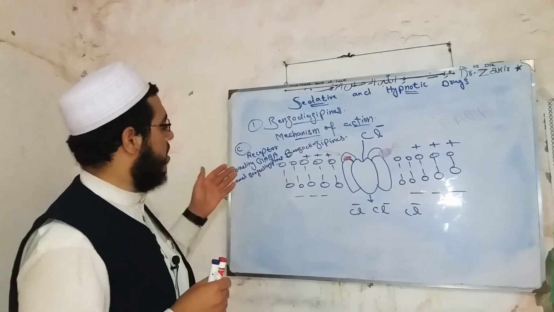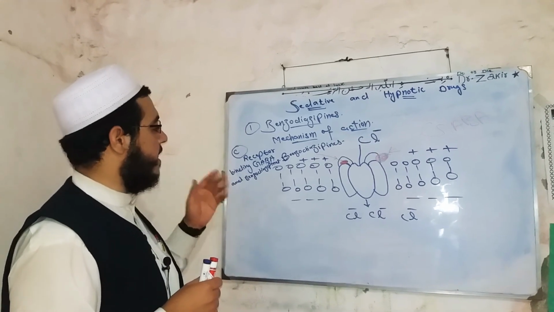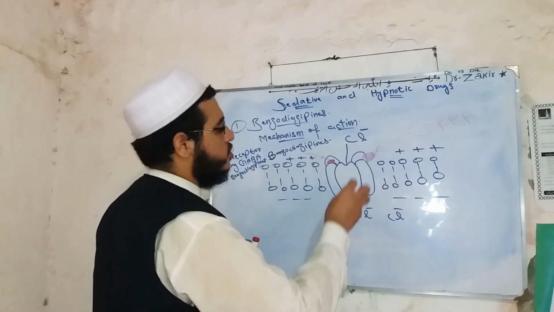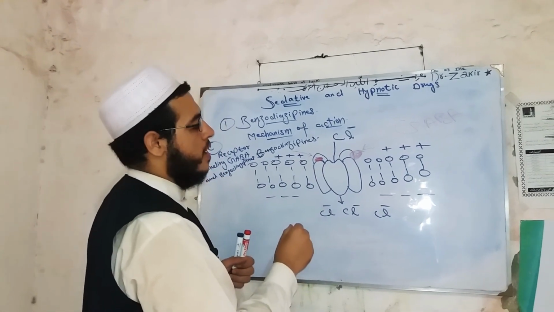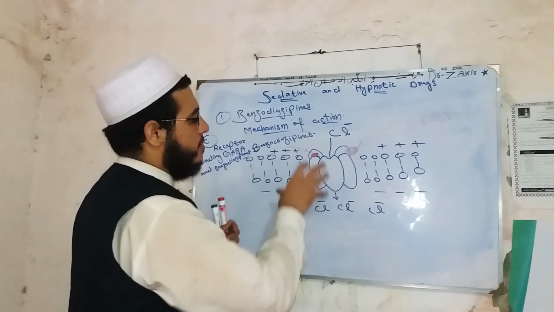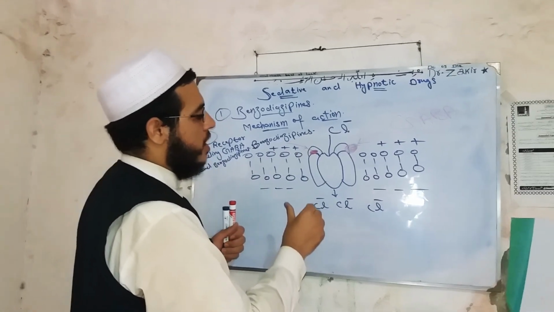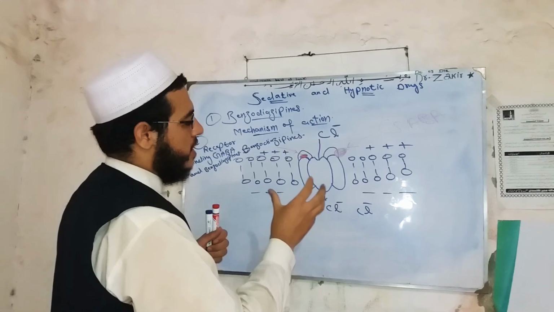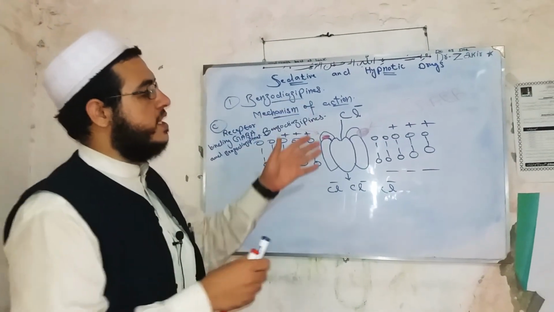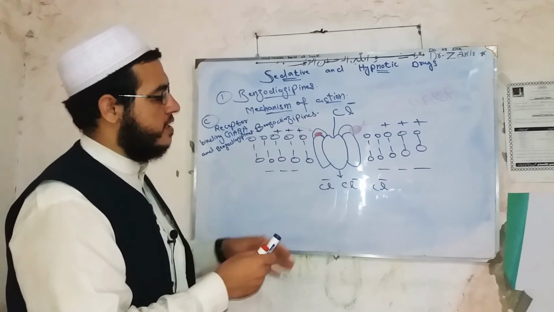Number three, receptor binding GABA and benzodiazepine. Here in this diagram, GABA binds to its receptor and the binding of GABA is enhanced by benzodiazepine, so greater entry of chloride ion occurs.